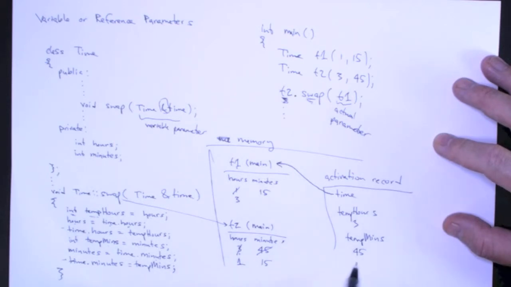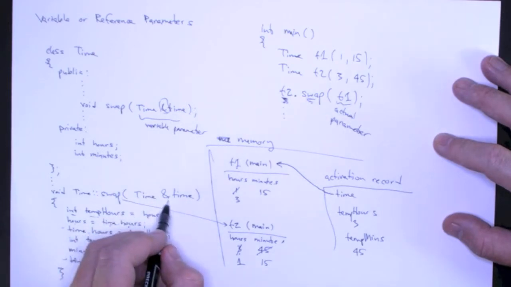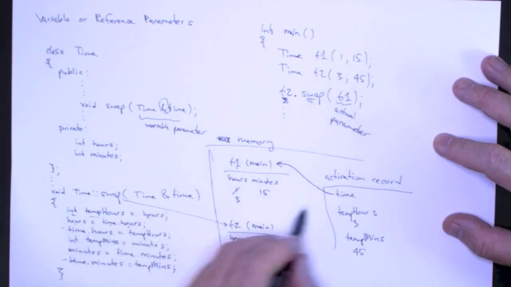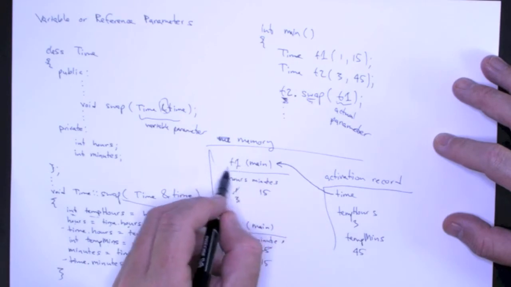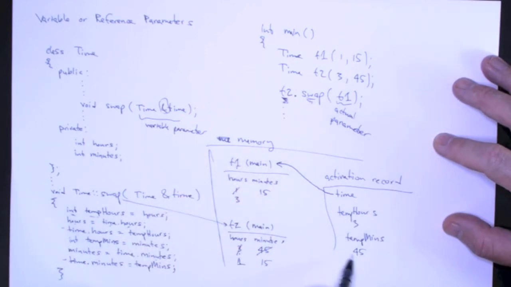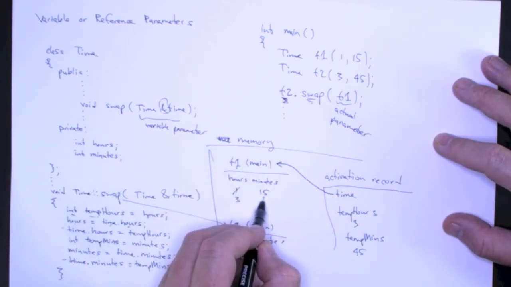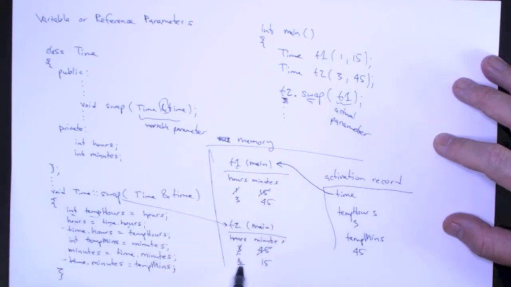Now I take the value in temp minutes, which is 45, and I assign that to time minutes, the reference parameter, which is just another name for T1. So I'm storing 45 in T1's private data member minutes. And so you can see already that I've just swapped these values.